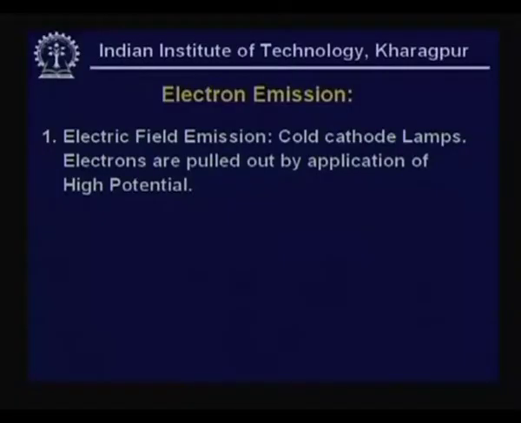It is the negative electrode which emits the electrons and thereby are directed toward the positive electrode, forming the conduction current in a gas tube, and the electric field emission essentially depends on the pulling out of electrons by the application of high potential.